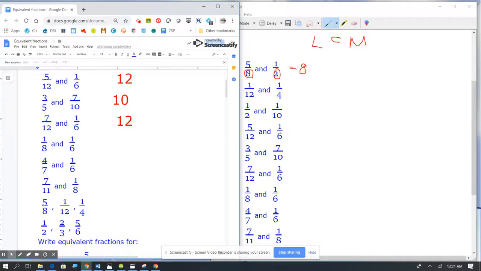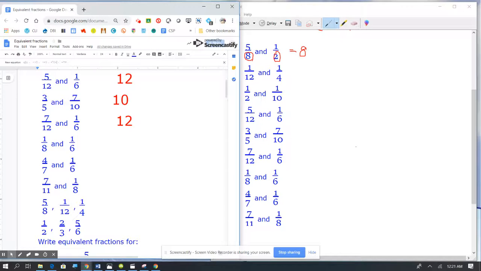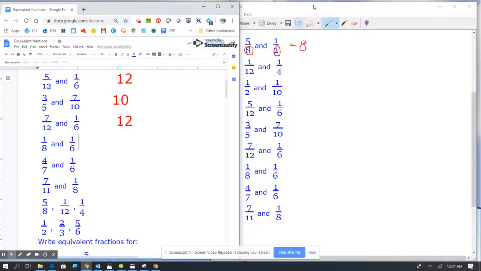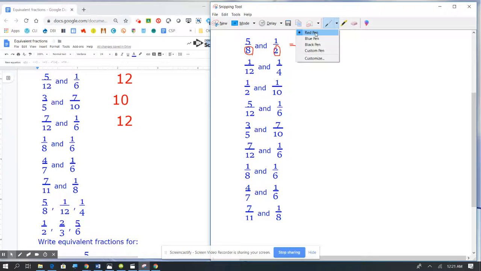So now how about 6 and 8? Let's look at 6 and 8. We think about 6 and 8, we can divide it by what? Divide it by 2, right?